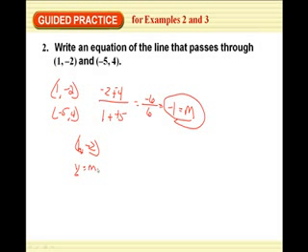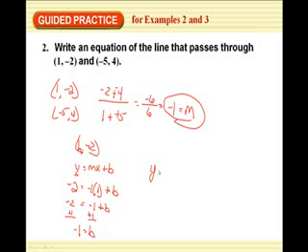So y equals mx plus b. Put in what I know. Y is -2. M is -1. X is +1 plus b. That multiplies to -1, -2 plus 1, plus 1. -1 equals b. So y equals -1x.